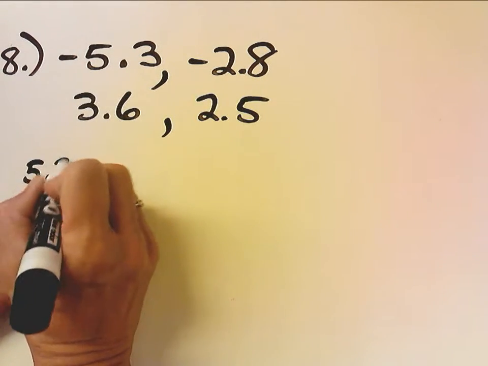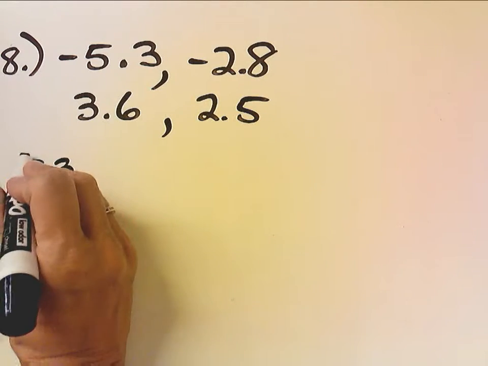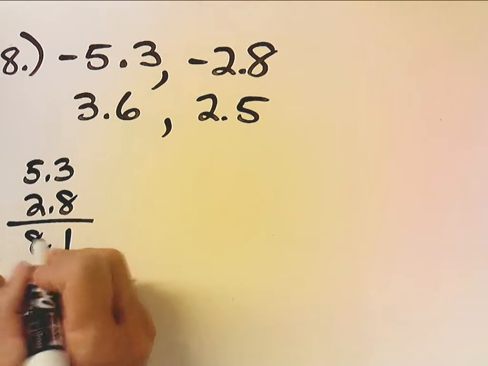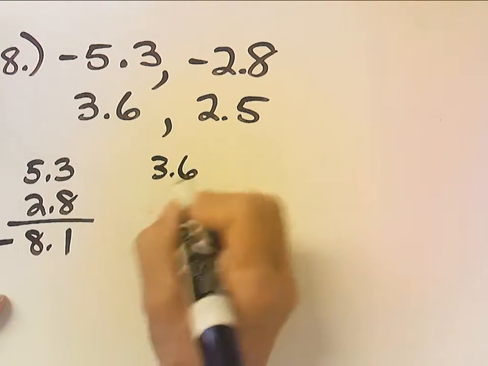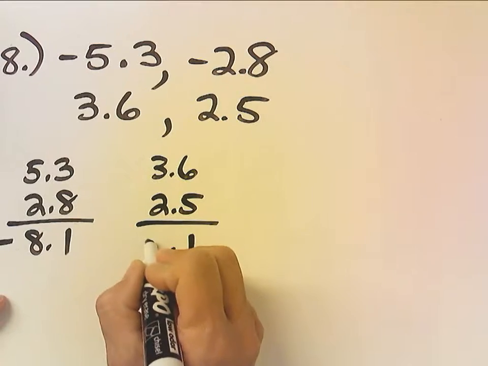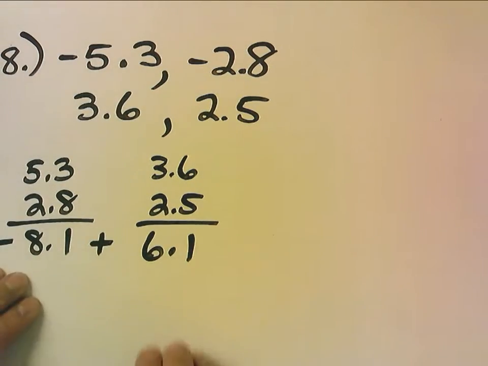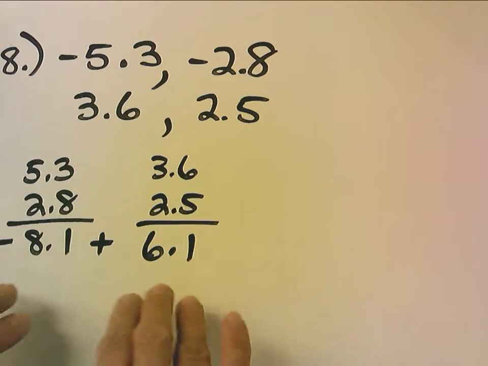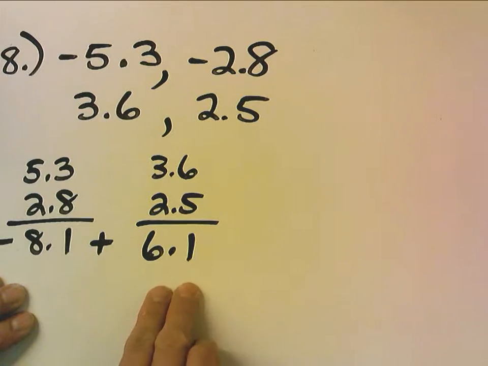So I'm going to add 5.3 and 2.8, and that's negative 8.1. I'm going to add 3.6 and 2.5 together, and that's 6.1. Now I'm going to add one negative with one positive. My answer's obviously going to be negative, because there's more negatives than positives.